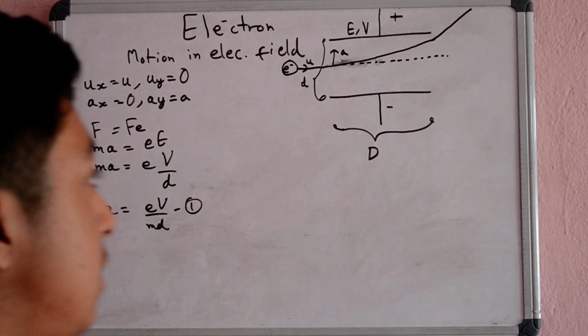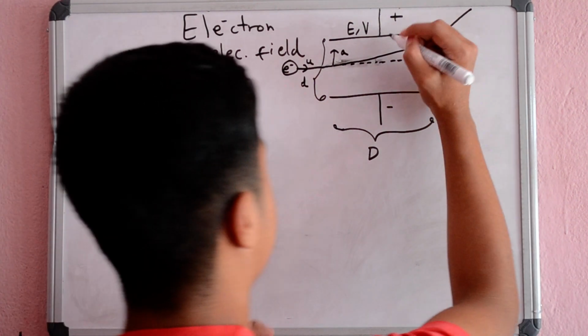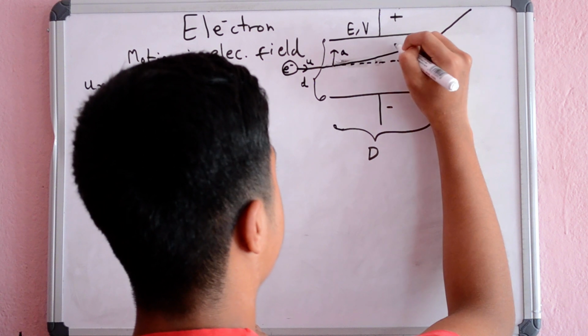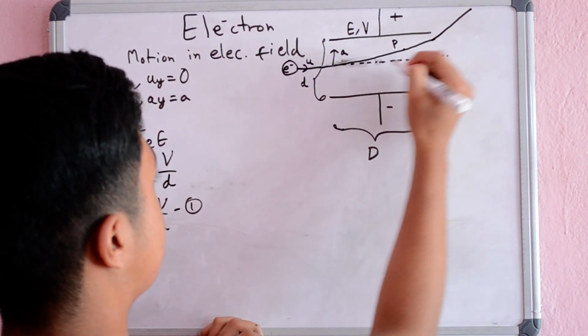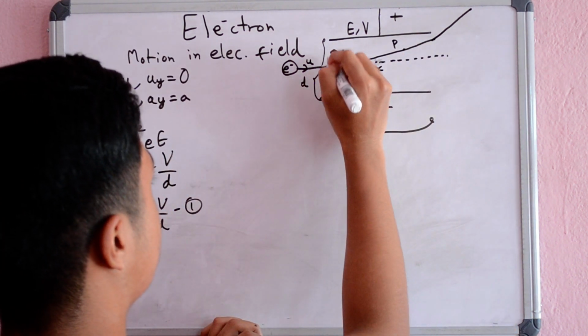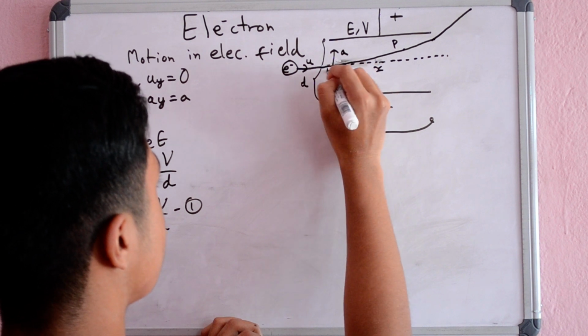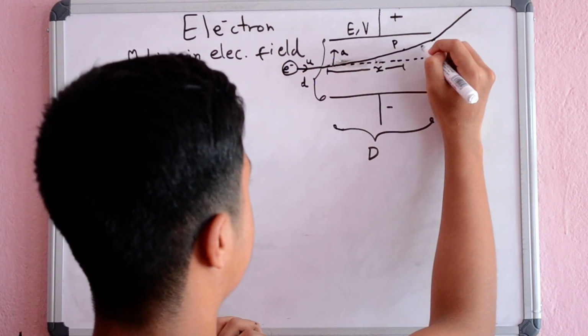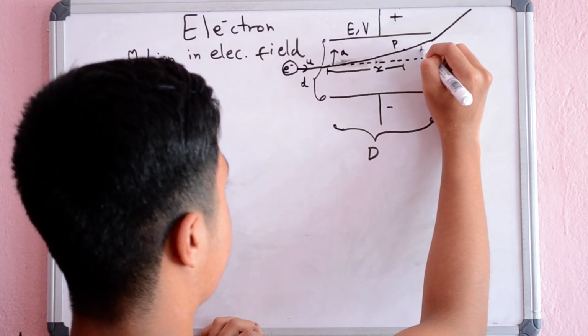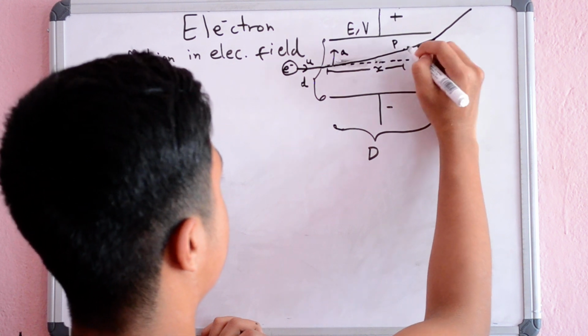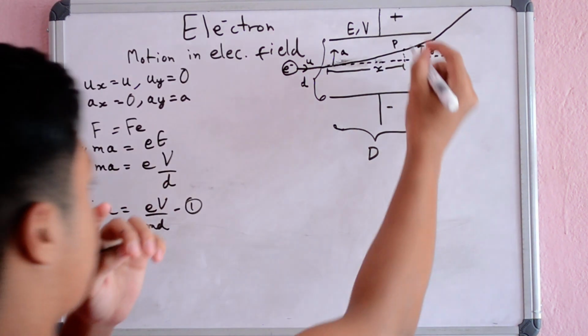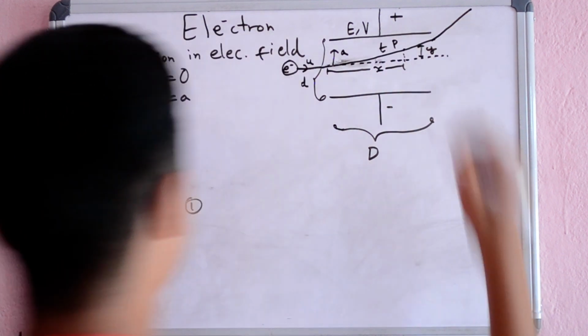Now let's just take any point, let's just say P right here, and let's just say it is at a distance x from this point, and at a distance y like this, and let's say it took time t to get there.